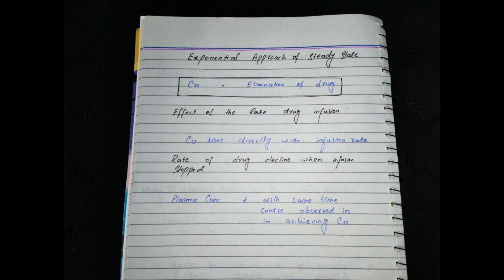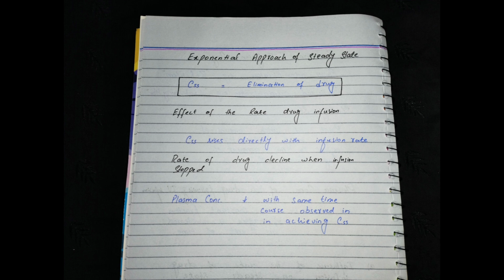It means that 50% of the final steady state concentration of the drug is observed after a time elapsed since the infusion, t equal to the half-life, where half-life is the time required for the drug concentration to change by 50%.